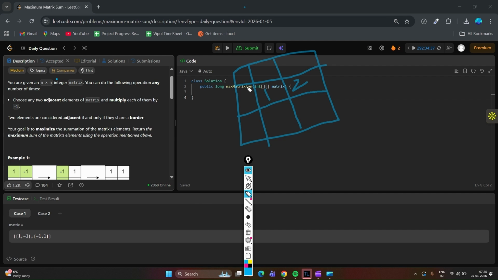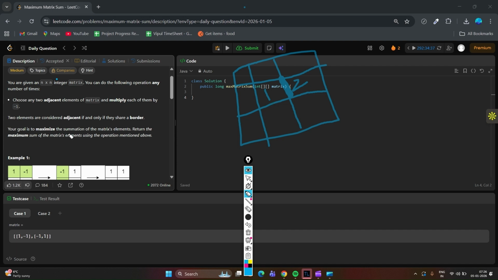Two elements are considered adjacent if and only if they share a border. So 1 and 2 are adjacent because they share a common border. You can see that this border is common in both.